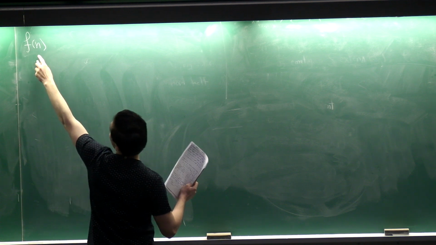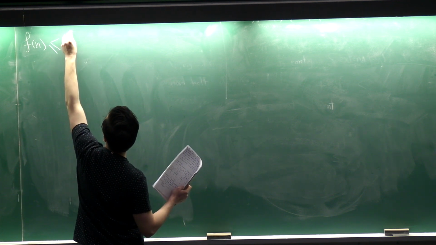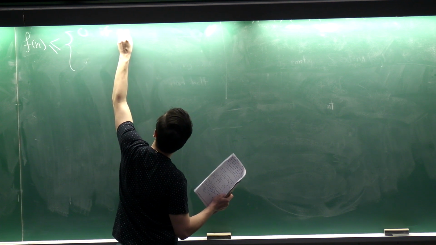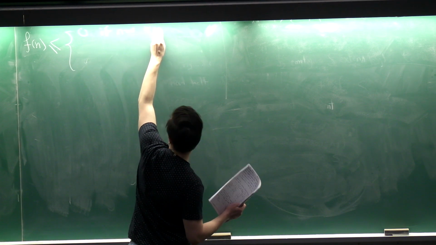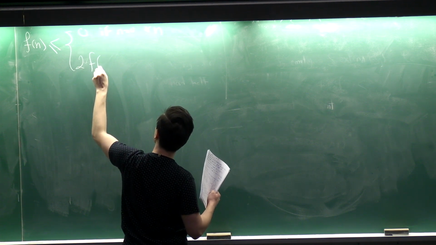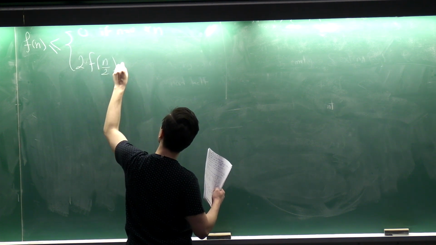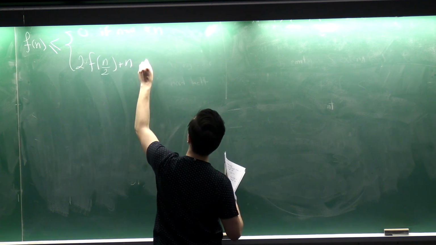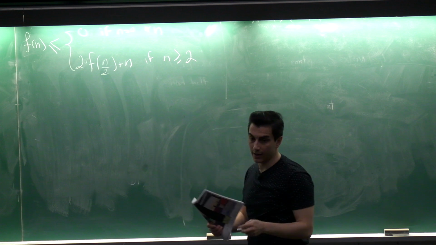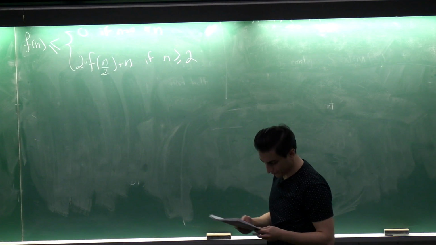So the number of comparisons f of n is going to be equal to 0 if n equals 0 or 1. Or it's going to be 2 f of n over 2 plus n if n is bigger or equal to 2. Right? I just copied it from there.